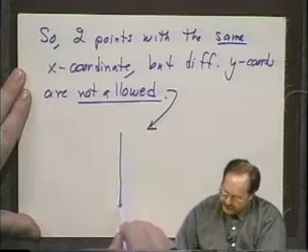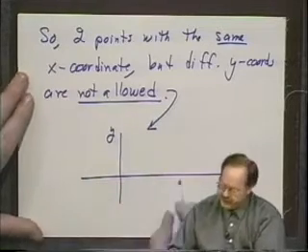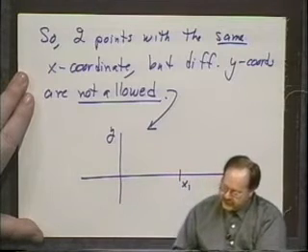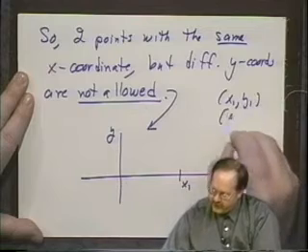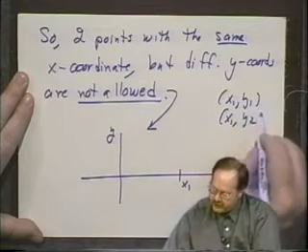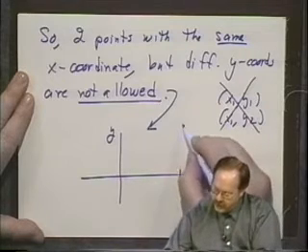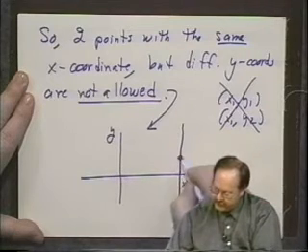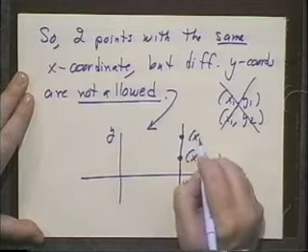Let's see. If this is my x and y system here, and say here is the point x1, and I'm told that x1, y1, x1, y2, this is the situation that is not allowed. Well, x1, y1, x1, y2, where do they live? This might be x1, y1, this might be x1, y2.